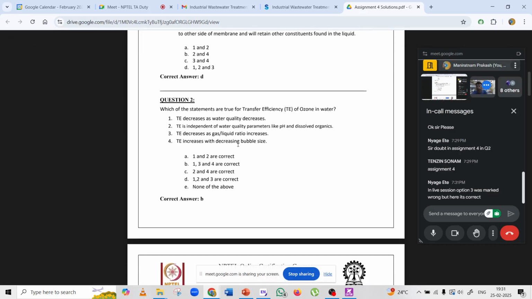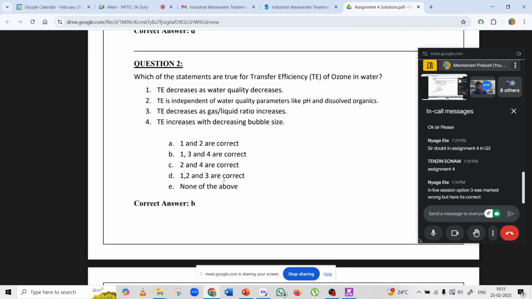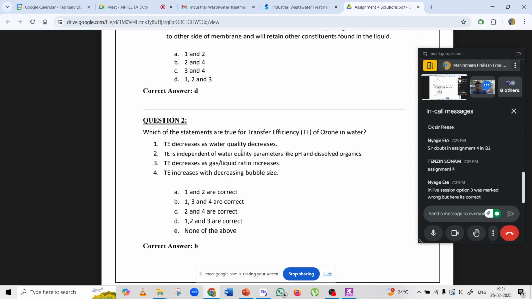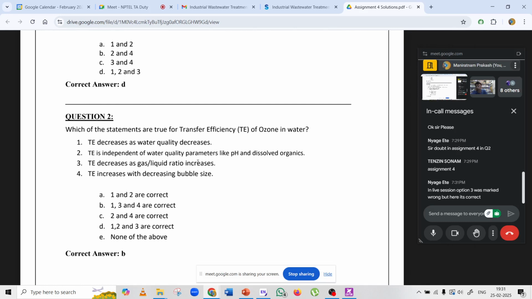In the live session, option 3 was marked wrong, but here it's correct. Question number two, sir. Option one says T decreases as water quality decreases.